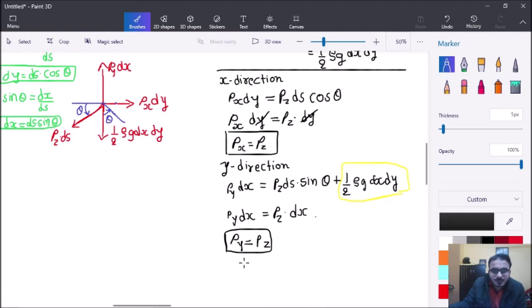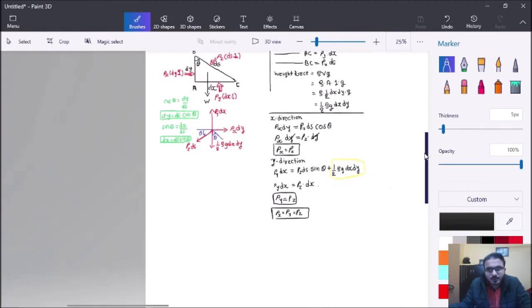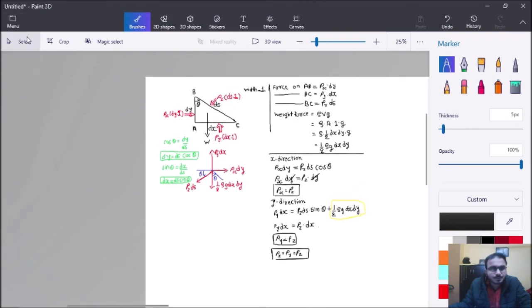So when we combine these two equations, finally we are getting Px is equal to Py is equal to Pz. So we have proved the equation. So now we can copy this part into our main slide.